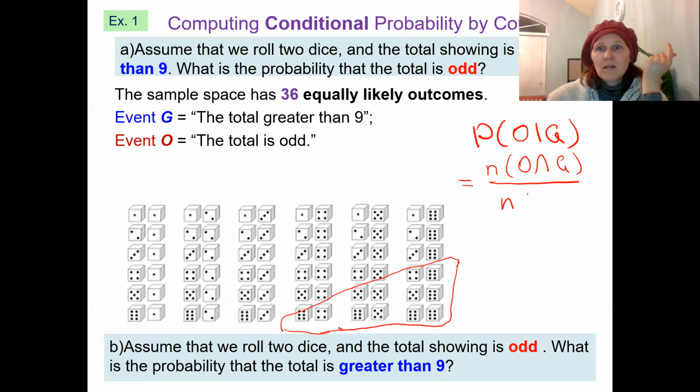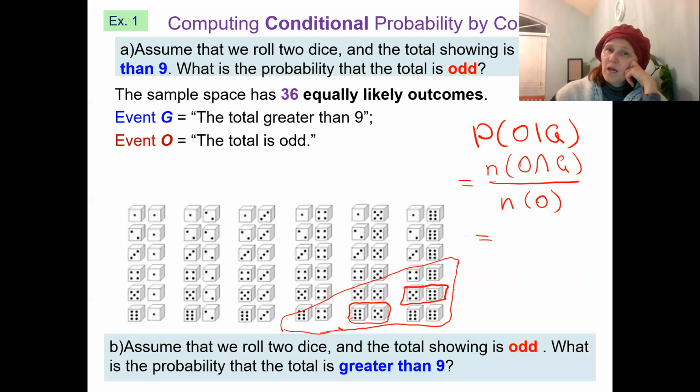The intersection consists of these two outcomes, 5 and 6, 6 and 5. They both have total of 11, greater than 9 and odd. So the number of outcomes in the intersection is 2. The number of outcomes in the event G is 1, 2, 3, 4, 5, 6.